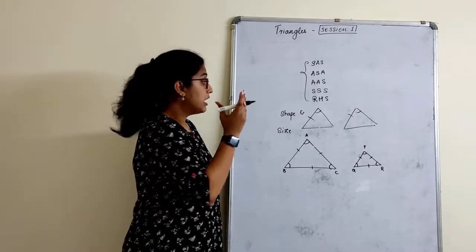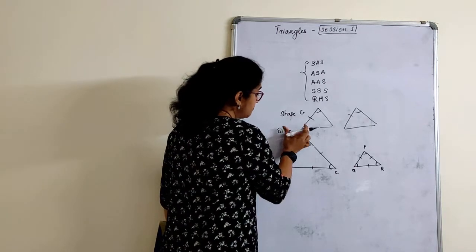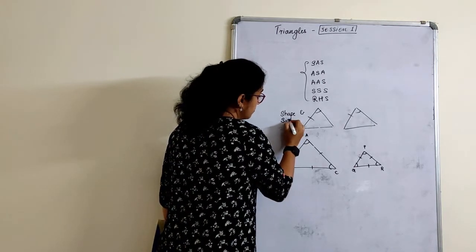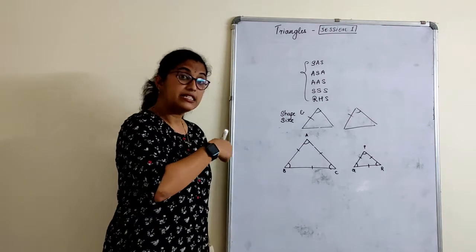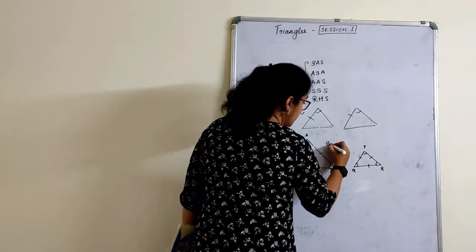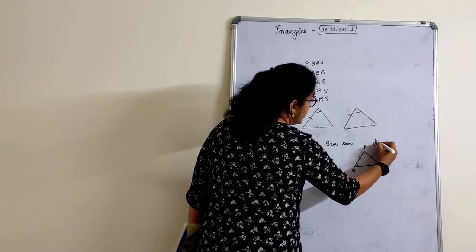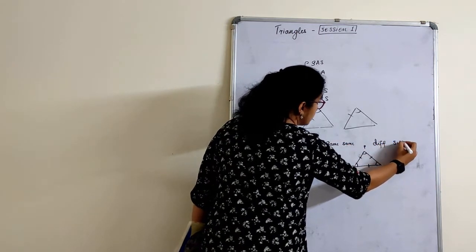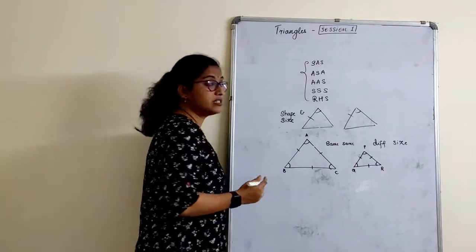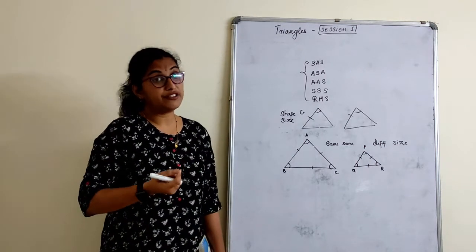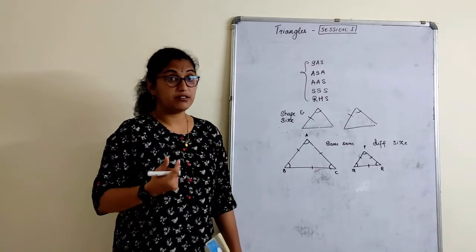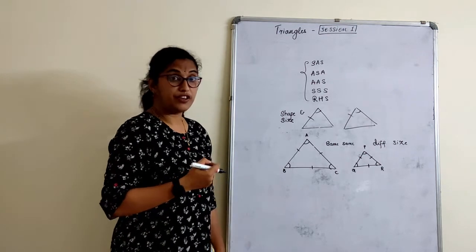That means all similar figures have same shape, I can see, right? But different size. So similar figures have same shape but different size. Such type of figures are called similar figures.